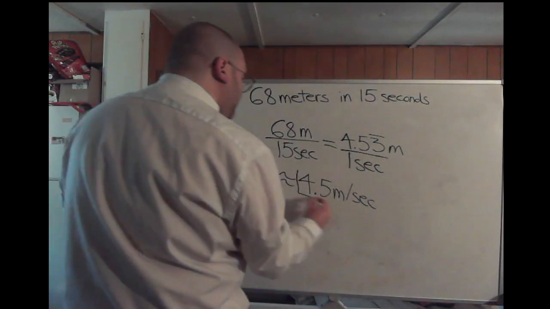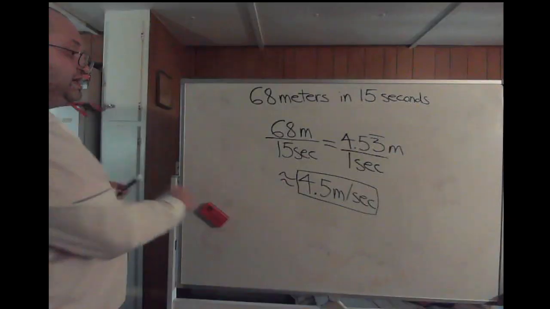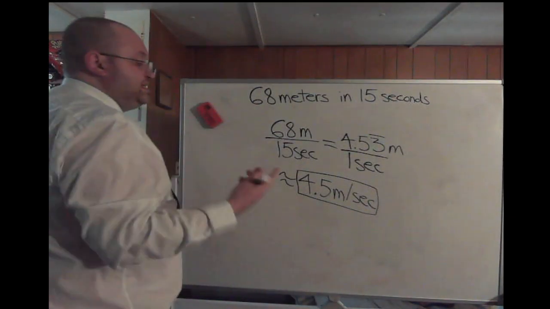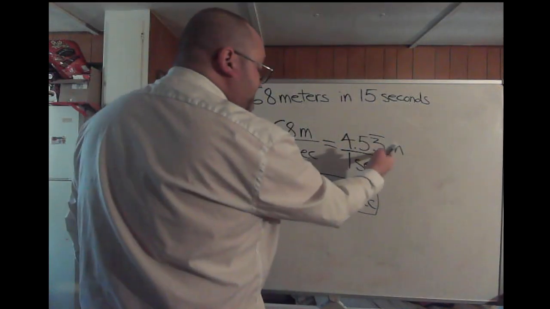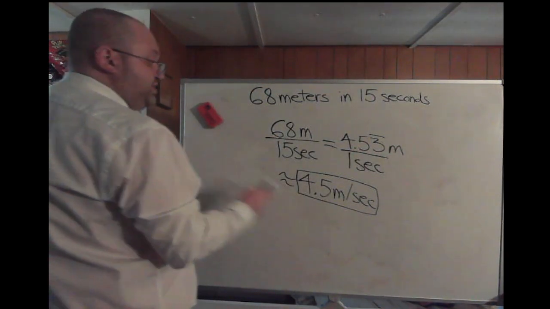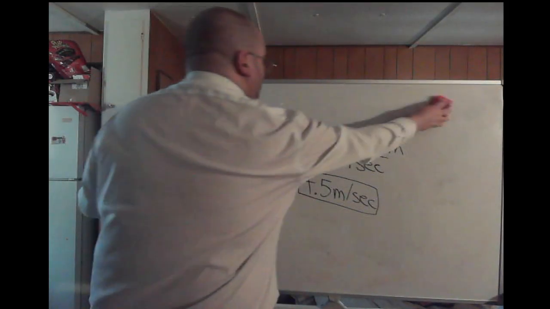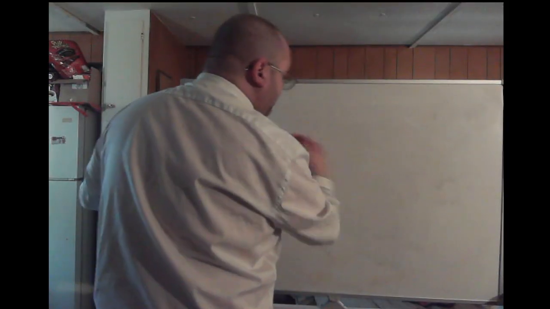So the rate is about 4.5 meters per second. Really it's up to you or your teacher, however many places they want you to round in these scenarios. Personally, I'd say to the nearest tenth. That's why I came up with 4.5 there. I figure it's a lot easier to express it as 4.5 meters a second than 4.53 repeating meters per second.